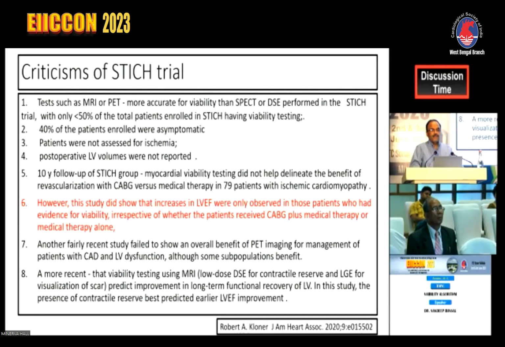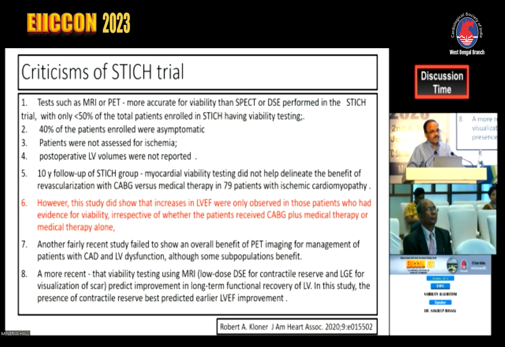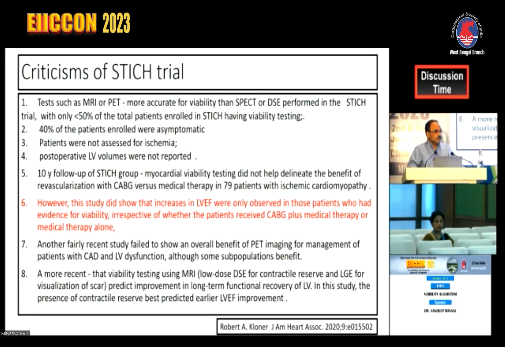They used SPECT or dobutamine stress imaging, which we all know are not the gold standards. Almost 40% of these patients were asymptomatic. The patients were never assessed for presence of ischemia, so it is quite possible that many patients had ischemia, and the LV volumes were not reported.